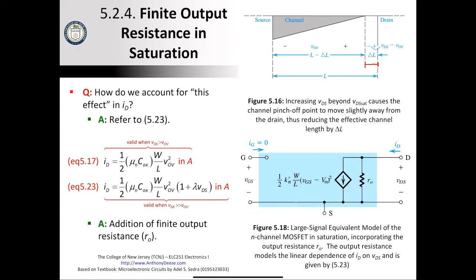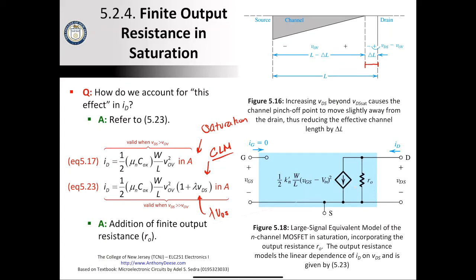So you see here, equation 5.17 is the old equation we used for the saturation region. And now we have a new one that takes into account channel length modulation. It's the exact same equation, except now we have added this additional term, lambda VDS. And so, right, this is the fourth equation.